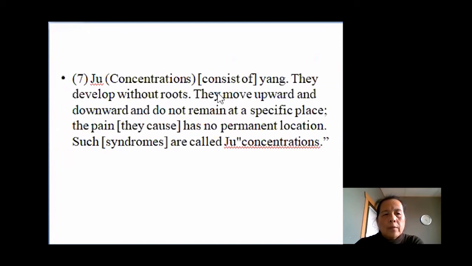Still continuing to talk about Ju. Ju comes from the yang aspect. It develops without root, meaning it starts without form, and you cannot truly find where it starts because it is mutable. It moves up and down, left side and right side, without a special place.